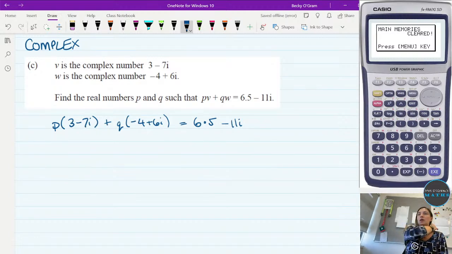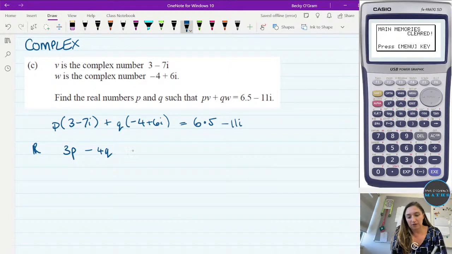Okay, so we can now look at those as being equivalent, which means that the real parts will be equal and the imaginary parts will be equal. If we take the real parts, we've got 3p minus 4q, and on the right hand side we've got 6.5.